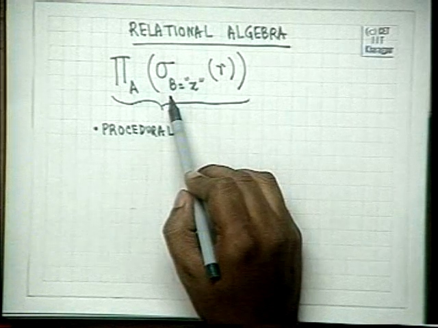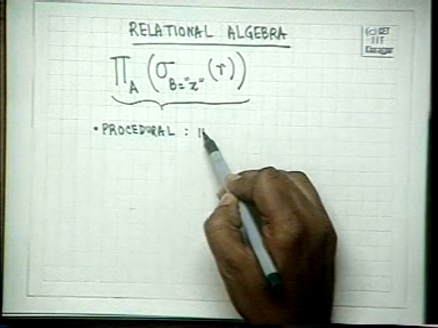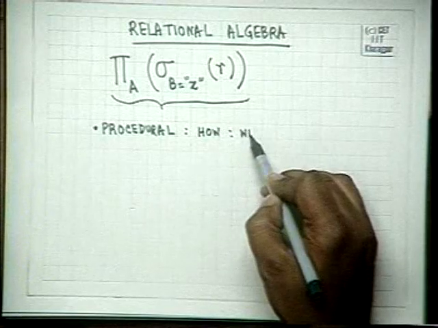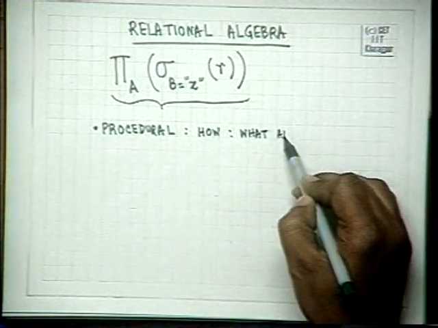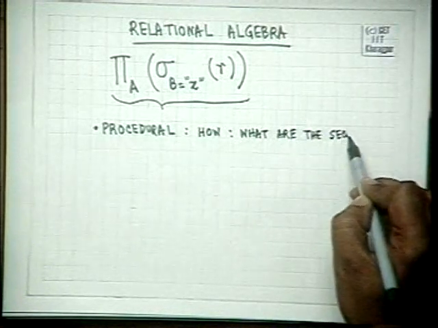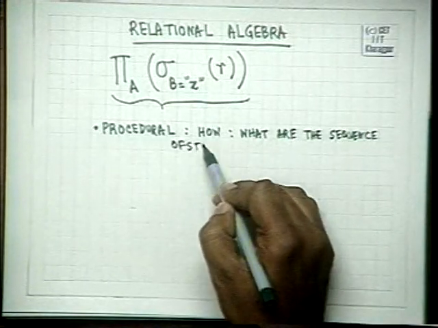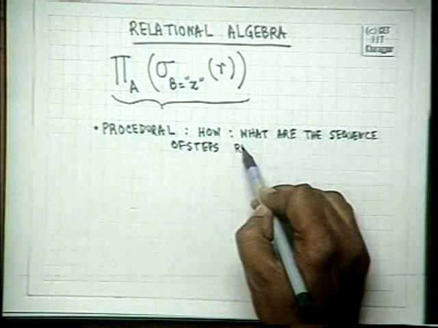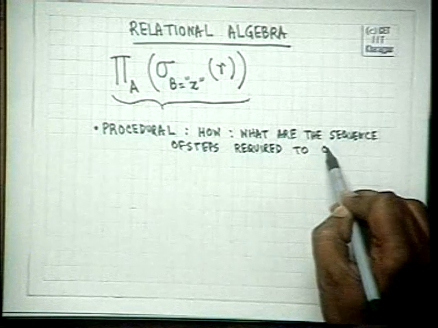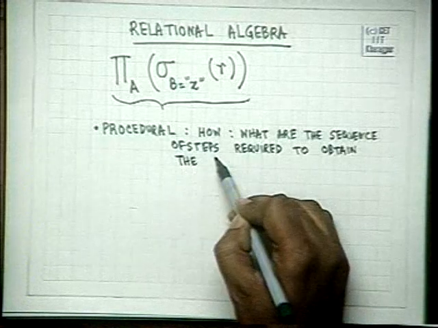That is, you have to define the new relation, but in relational algebra you have to give in detail how to do it, in the sense of what are the steps, what is the sequence of steps required to obtain the desired relation.